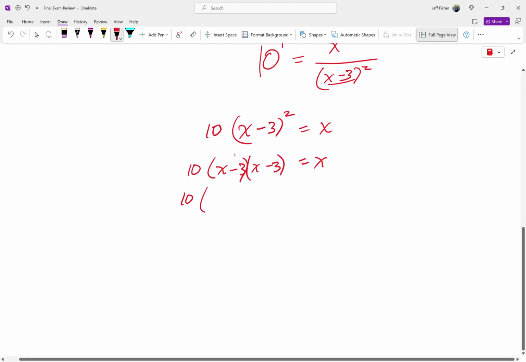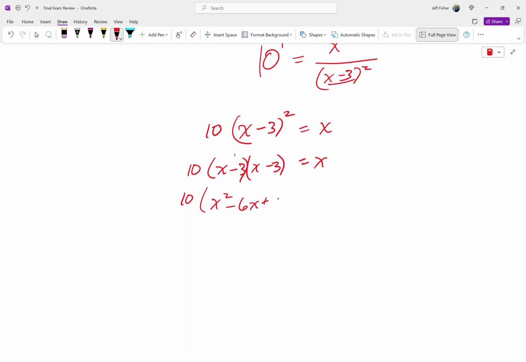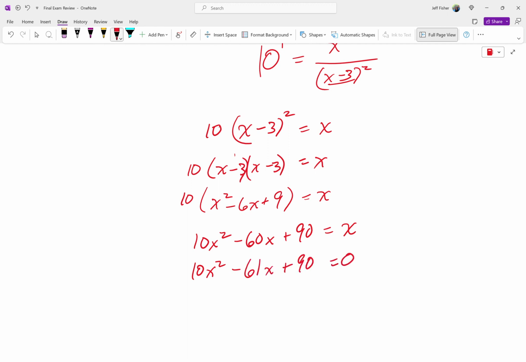Okay, 10 times x squared minus 6x plus 9 equals x. 10x squared minus 60x plus 90 equals x. Subtract the x, 10x squared minus 61x plus 90 equals 0.